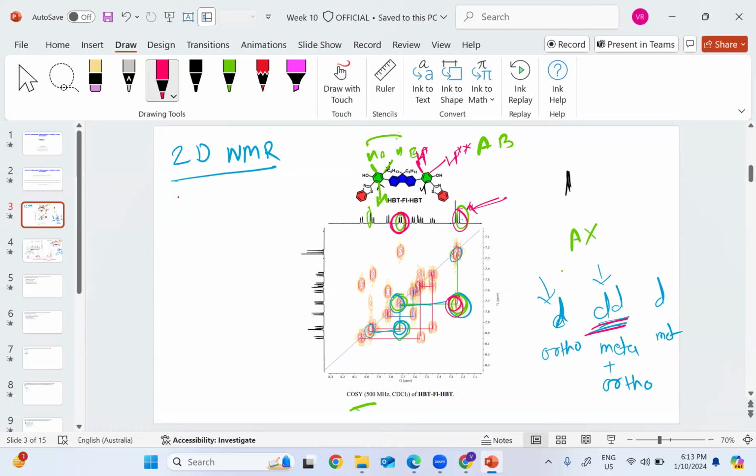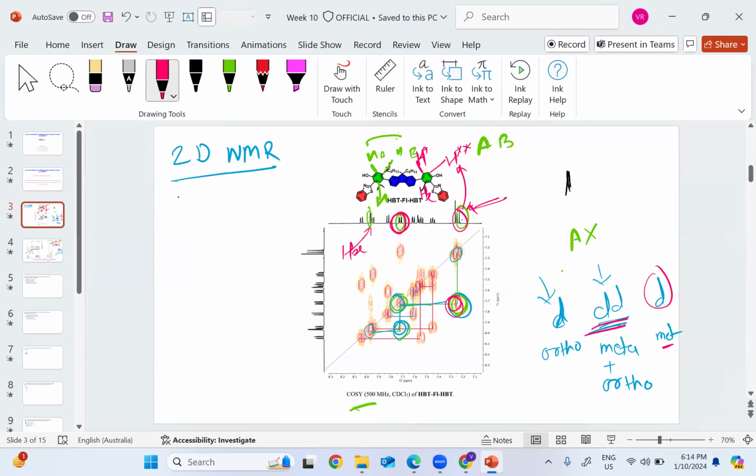So this signal is due to this proton, and also the signal here, which is a doublet with very low coupling constant, or the doublet due to the meta coupling. So this signal comes from this H, let's take X. So this signal comes from HX. So this is how we have assigned all the signals in the NMR spectra.